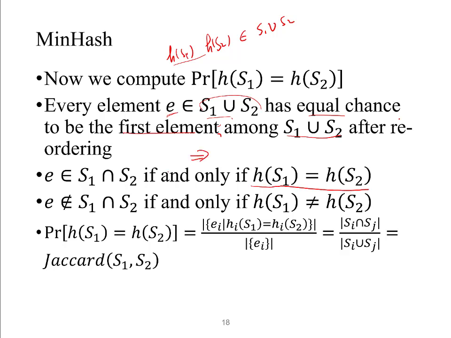This is the only if part. For the if part, if HS1 equals HS2, here we should add E, then we know that E is in S1 and E is in S2. Therefore, E is in the intersection of S1 and S2.